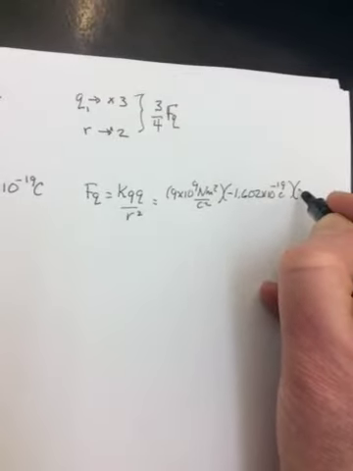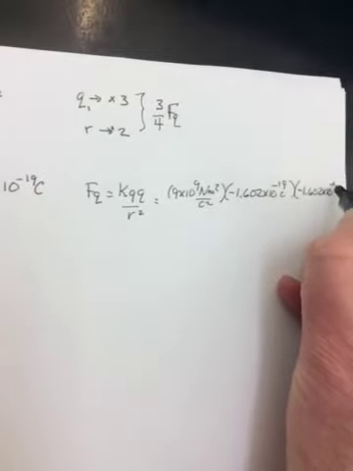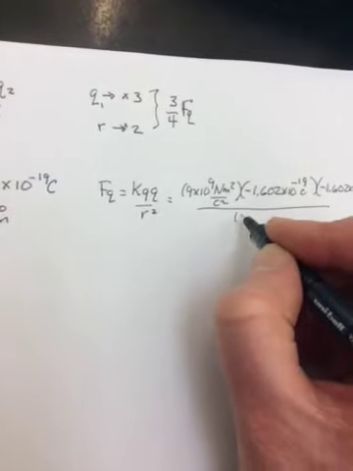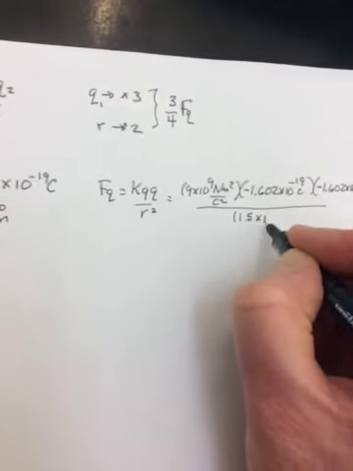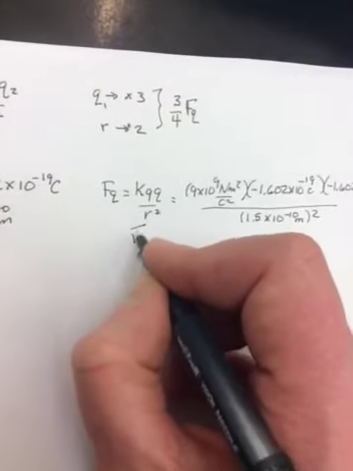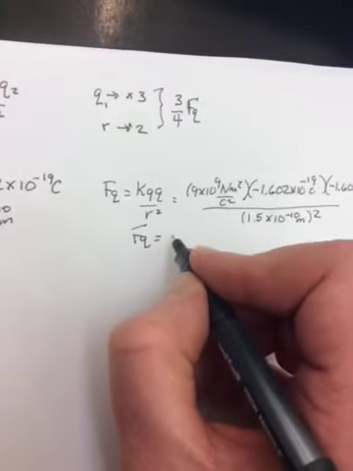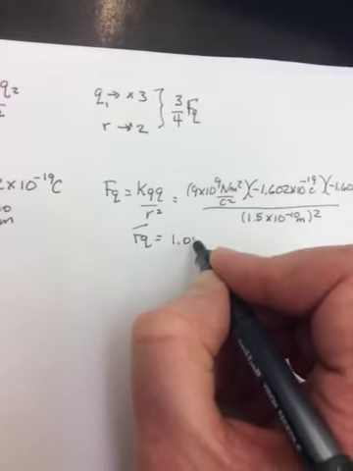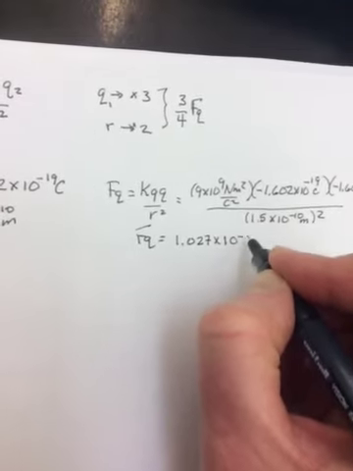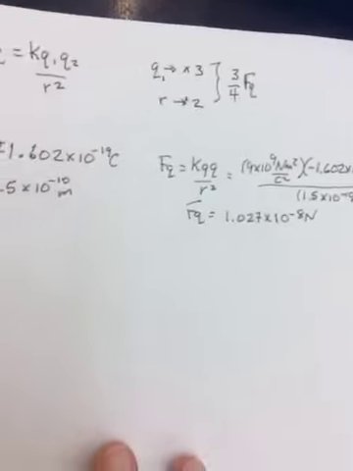And the second one is the same, negative 1.602 times 10 to the negative 19. And yes, you could have just put a squared on that. And the R was 1.5 times 10 to the negative 10 meters, and that gets squared. You carefully type this into your calculator, and I think you get 1.027 times 10 to the negative 8 newtons, assuming I typed it in my calculator correctly.